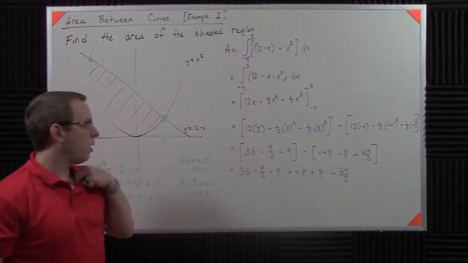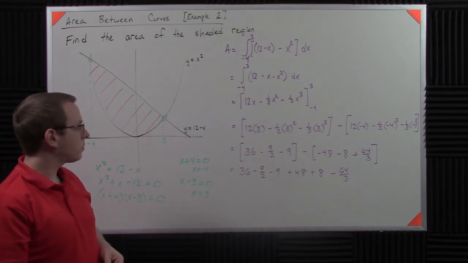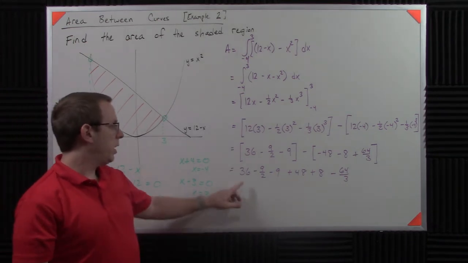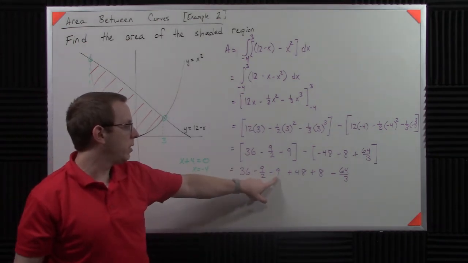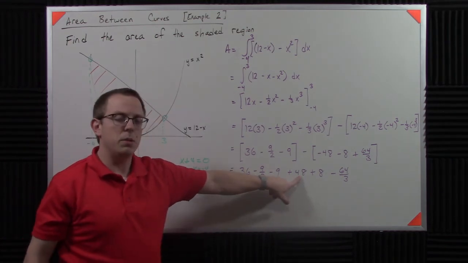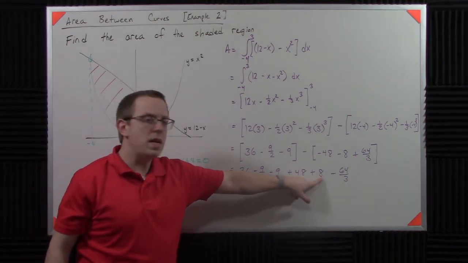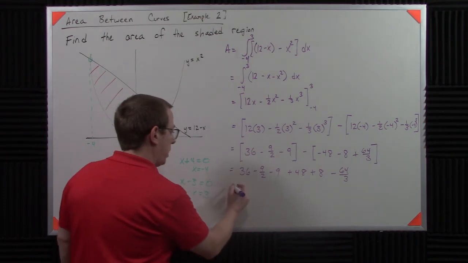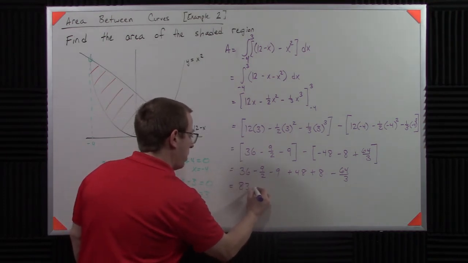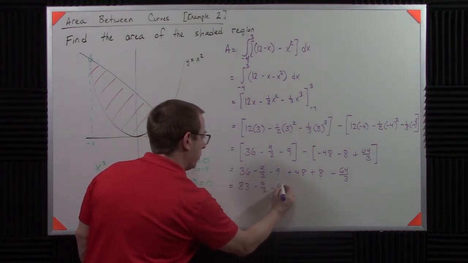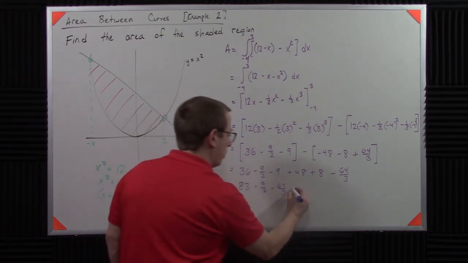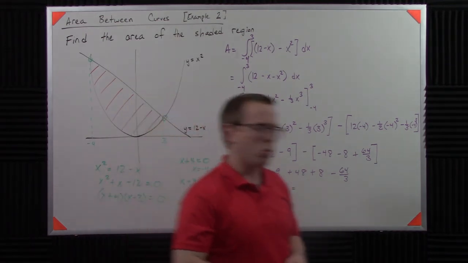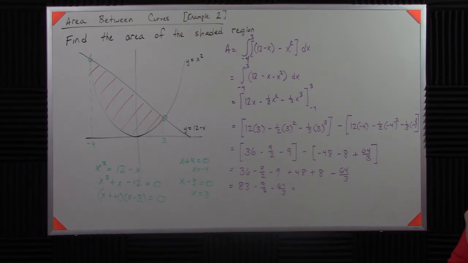If we combine all of that together, that's going to be 27, 75, 83, so we get 83 minus 9 halves minus 64 thirds, which, give me just one moment, I'll check my cheat sheet.